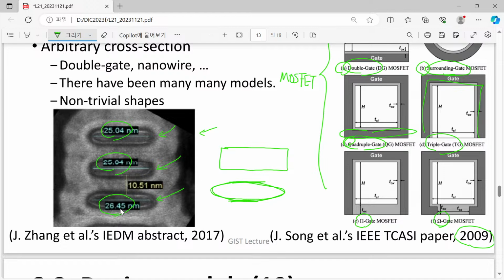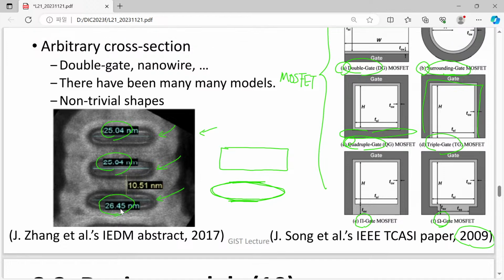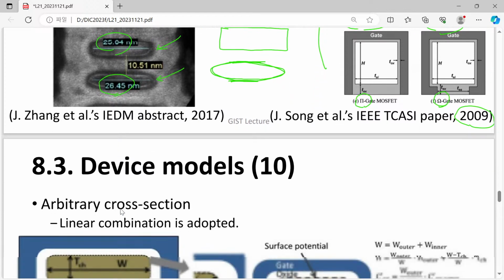This one is wider. Even in one batch, it is difficult to get an identical shape. So if you have a small difference in the shape, will you introduce a new model for that transistor? It is almost impossible. However, that was the situation.